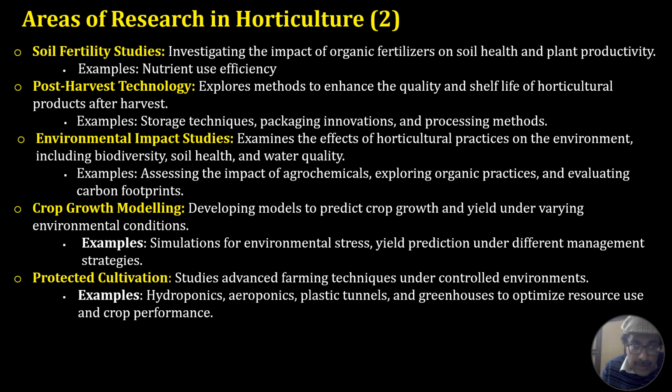Examples, and important examples in this research area include assessing different hydroponics or aeroponics methods or strategies, as well as growing under plastic tunnels, assessing the impact of various types of plastic tunnels, such as low plastic tunnel, walking plastic tunnel, etc., as well as assessing the role of greenhouses to optimize the resource use and crop performance.